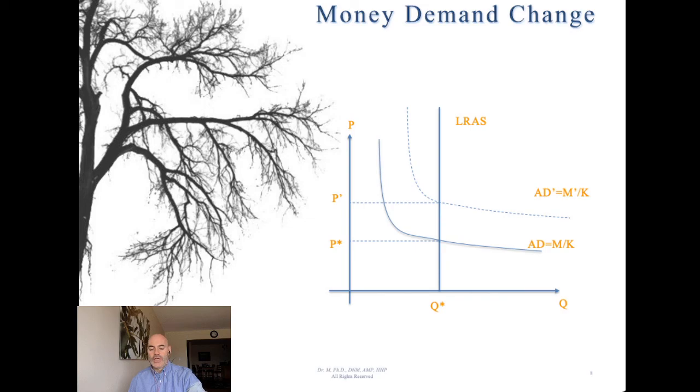That means that people want to hold less money relative to other stuff, goods and services, and thus they want to spend more. Consumption will increase and investment will increase. That will impact the interest rates, and it will impact the bond market as well as the associated prices.